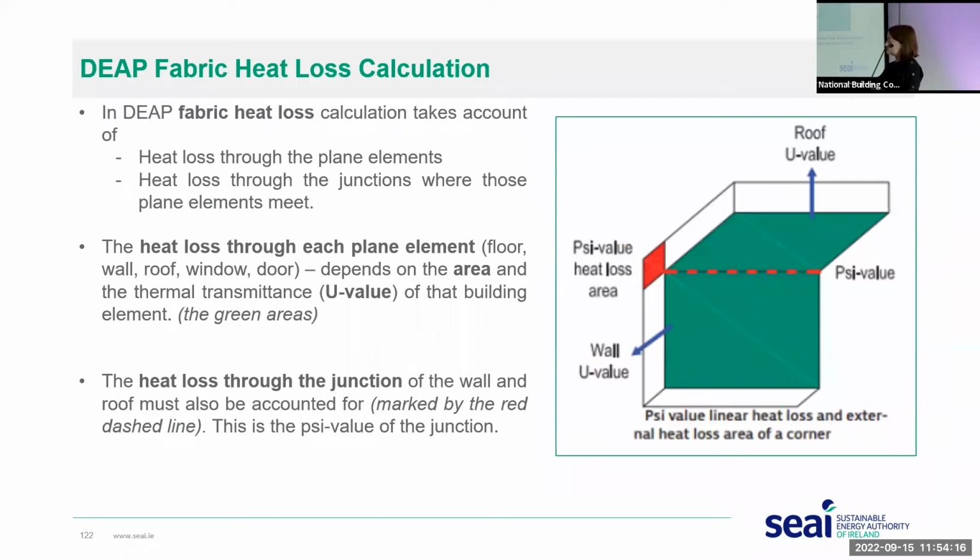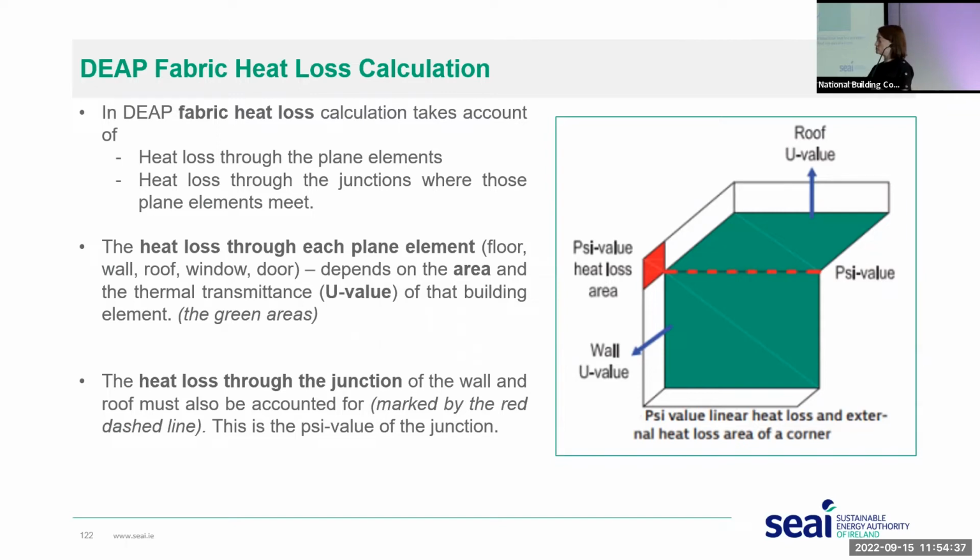So then to look just a little bit more at the fabric heat loss calculation, and I know this was covered already in Simon and Andy's presentations, but in DEAP, the fabric heat loss calculation takes account of the heat loss through the plane elements and also the heat loss through the junctions where those plane elements meet.